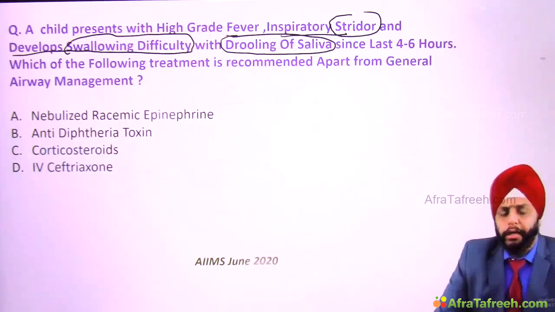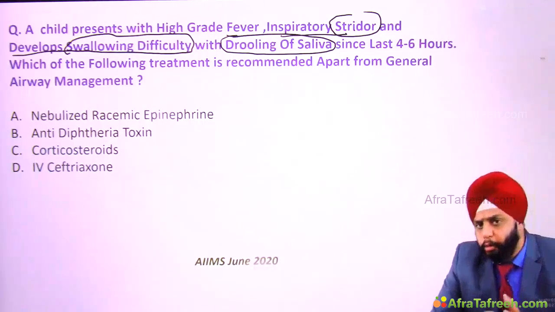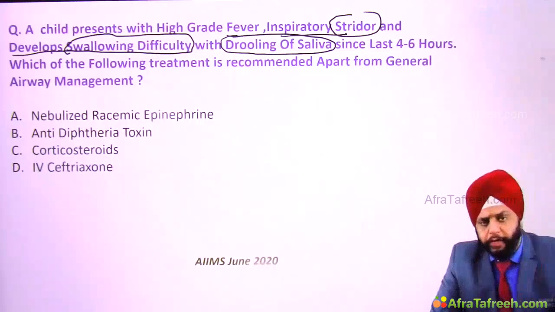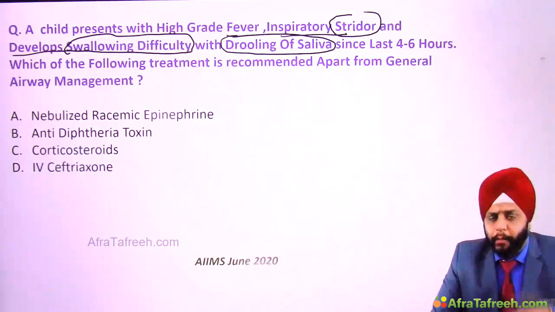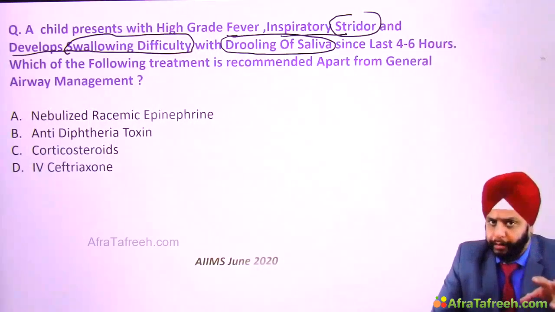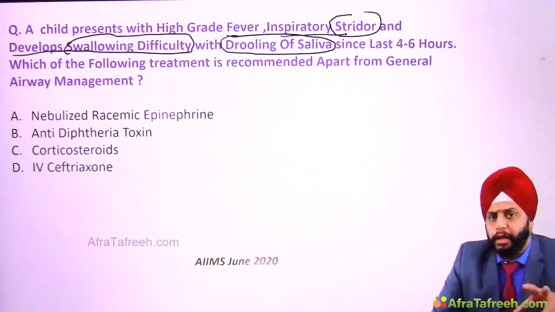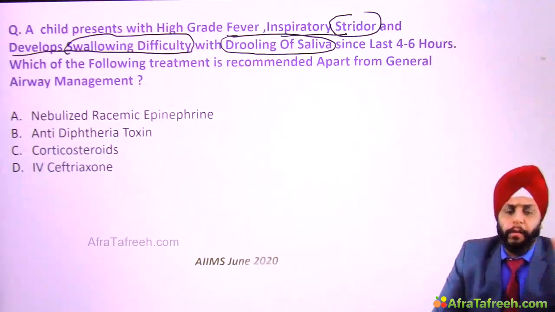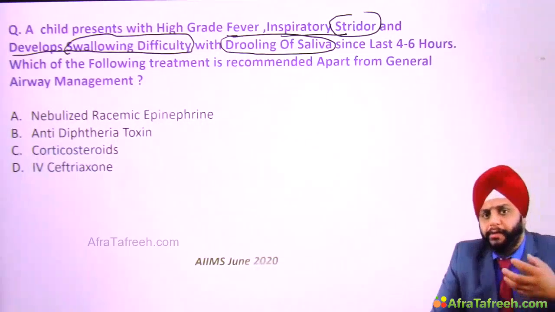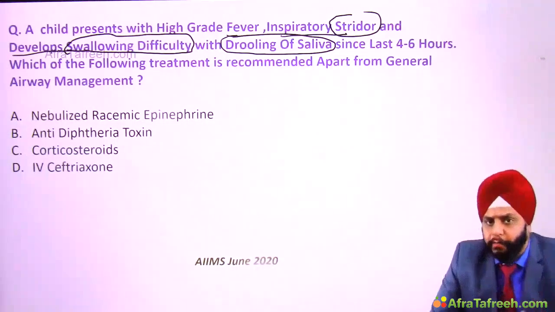Remember, anything affecting both pathways, with dysphagia and respiratory obstruction, means the problem has to be in the common pathway for food and air. It can be in the oropharynx, the hypopharynx, or sometimes epiglottitis, because the epiglottis is also involving parts of the pharynx.